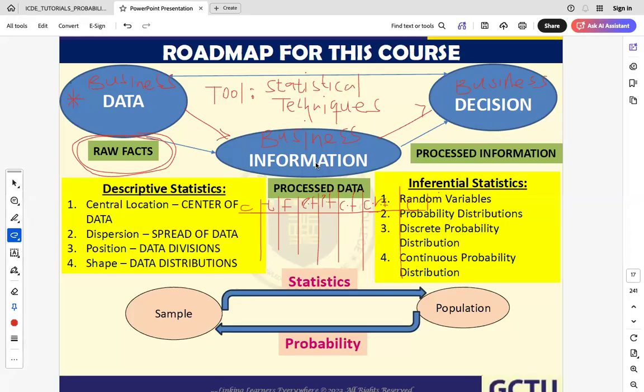That table is representing our business information now. So the next thing we do is we are going to the business information table to see how we can make quality business decisions out of the table, because now we have left the data stage. We have left the business data stage. We are now at business information.